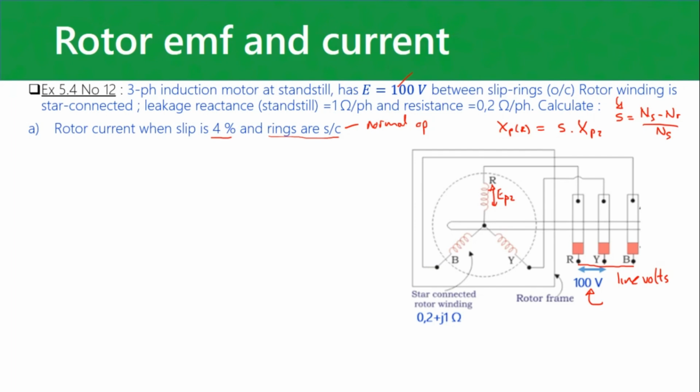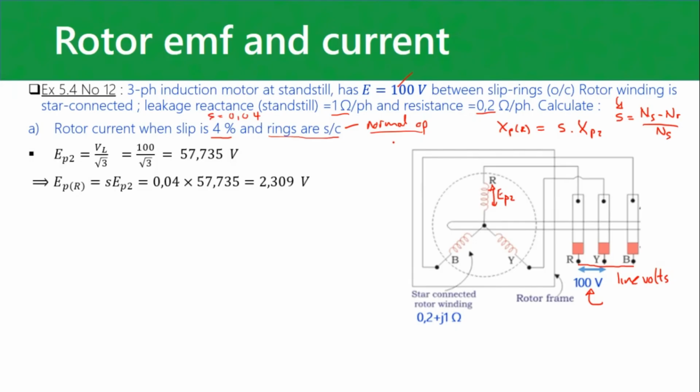So then, let's see here, leakage reactance at standstill is 1 ohm, and the resistance, 2 ohm. Rotor current when the slip is 4%, so that slip equals 0.04, and the rings are short circuited, i.e. normal operation.